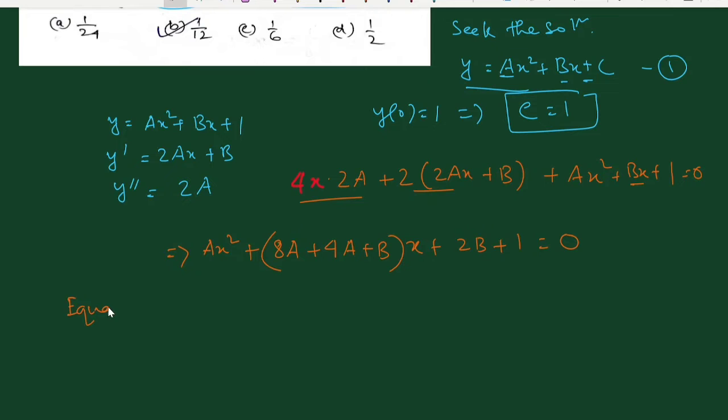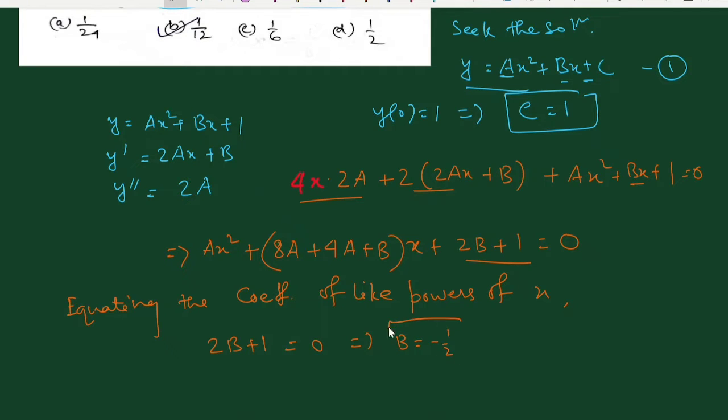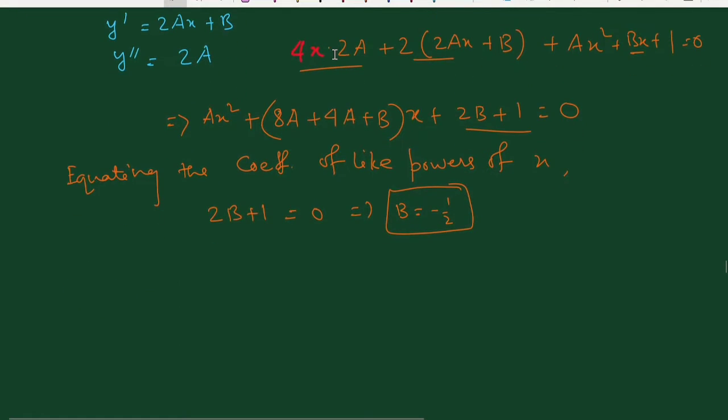Now equating the coefficients of like powers of x, the constant term 2b + 1 = 0, which means b = -1/2. Also equating the coefficient of x to 0: 12a + b = 0, and this implies a = -b/12.